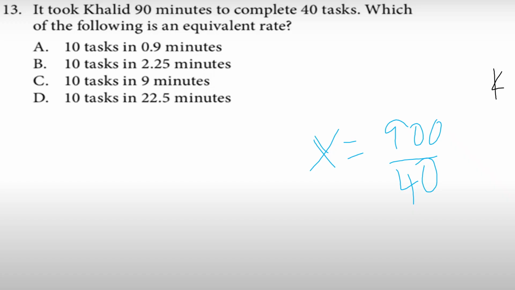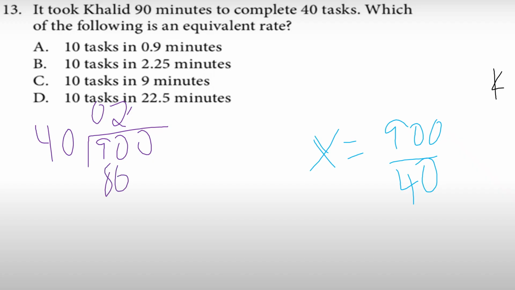All right, so we have 900 divided by 40. 40 can't go into 9. We put a 0 over the 9. 40 can go into 90 2 times. 2 times 40 is 80.